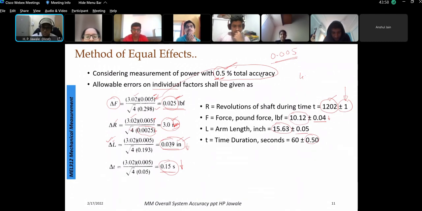Once this is lower, it means there is scope for a little more inaccuracy, something like 0.0254, in the force measurement also. And in the revolution measurement, we can relax a little more. This is what is done in actual practice, because we cannot find everything numerically; the device also should be available. The measurement system has all the error sources that we have studied up to this point: the random error, the systematic error, miscellaneous error, and other sources like error because of personal factors and environmental issues.